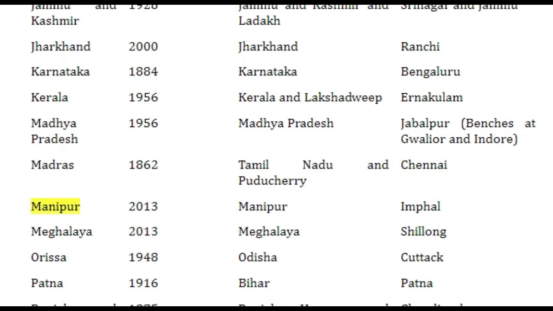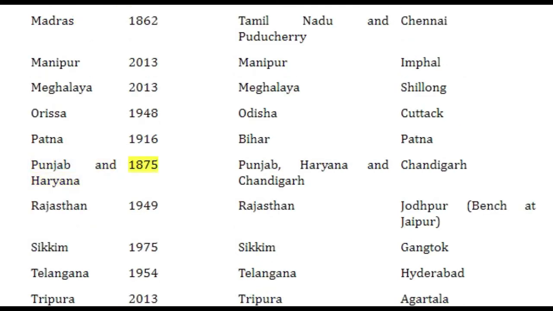Manipur, 2013, Manipur, Imphal. Meghalaya, 2013, Meghalaya, Shillong. Orissa, 1948, Odisha, Cuttack. Patna, 1916, Bihar, Patna. Punjab and Haryana, 1875, Punjab, Haryana and Chandigarh, Chandigarh.